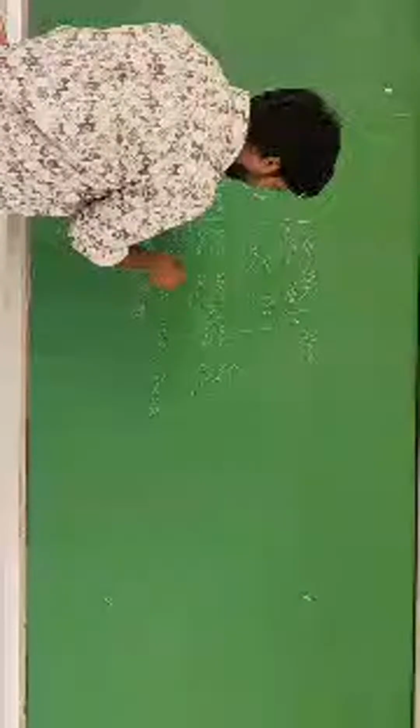Plus into minus becomes minus sin alpha cos alpha. Now the second row with the second column: sin into sin means sin square alpha, plus cos into cos becomes cos square alpha. Finally, this is the matrix after we perform the matrix multiplication.